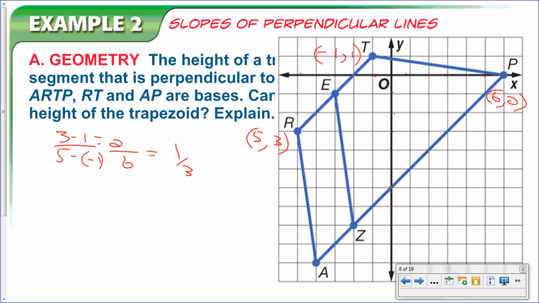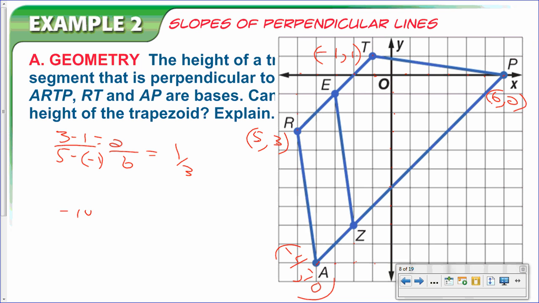So it should be what? 1, 2, 3, 4. No, it's what? 8, 9, 10 then. And that should be -4.